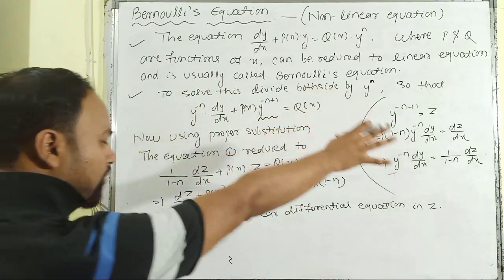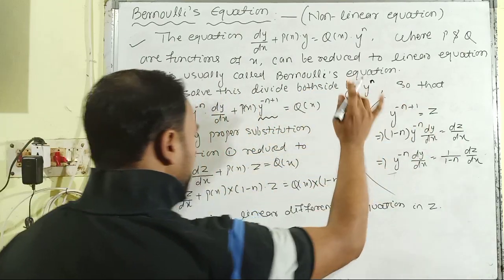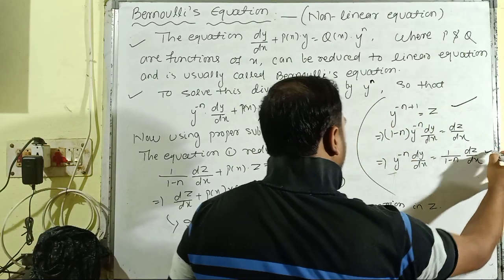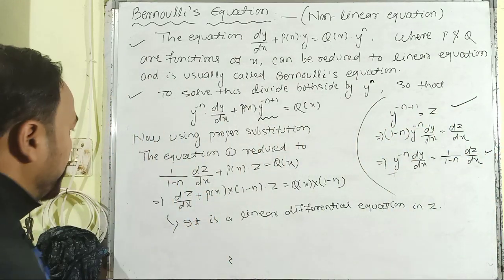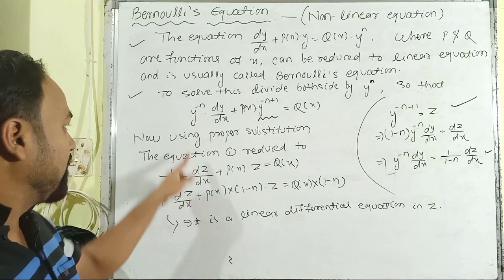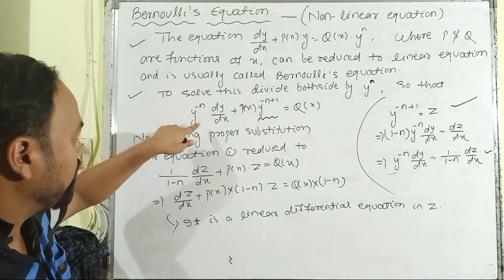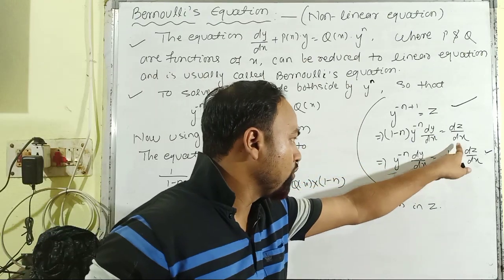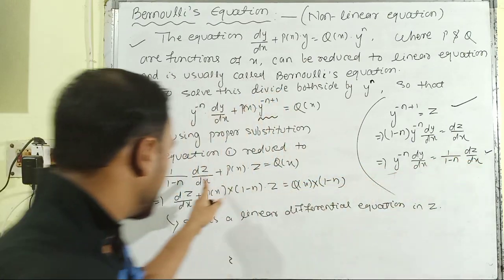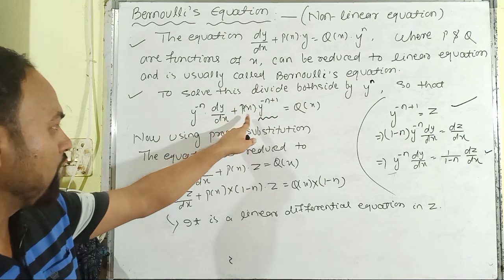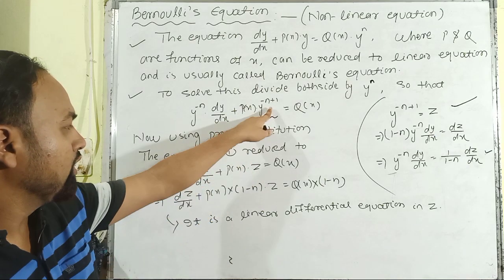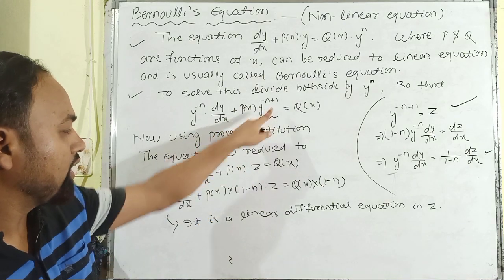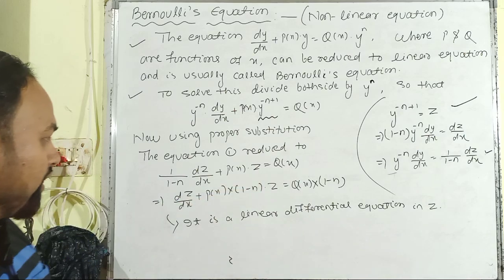After this substitution work, we put it in our equation, so that in place of y to the power minus n dy/dx, we put 1 upon 1 minus n dz/dx, plus p of x multiplied with z, because we have taken it as z, is equal to q of x.